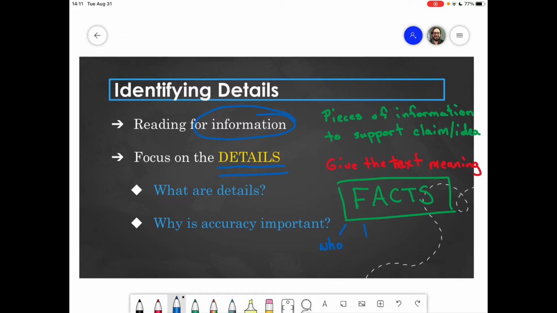Who, what, when, where, and of course, why. So whenever we have one of those 5 W questions, we are going to look through the passage for details to help answer those questions specifically.